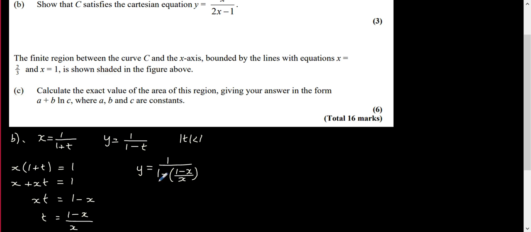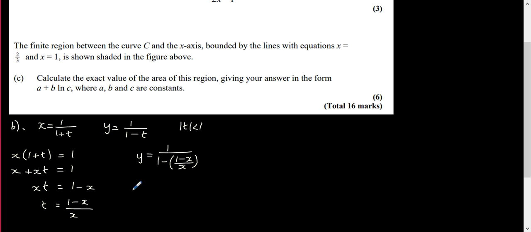And you can already see we have an equation purely in terms of y and x, which is what we're after. Let's simplify this down a little bit. This 1 I'm going to think of as x over x, so that I can combine this 1 with this fraction. So you can see 1 minus this fraction.